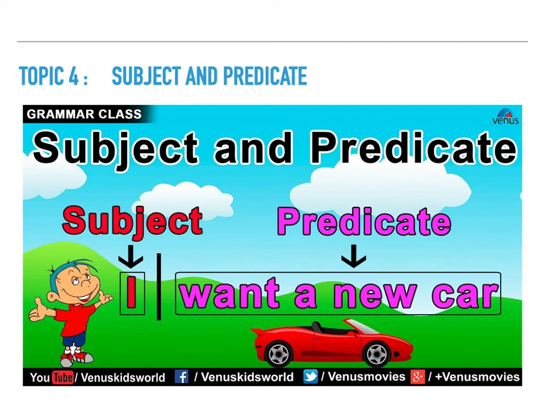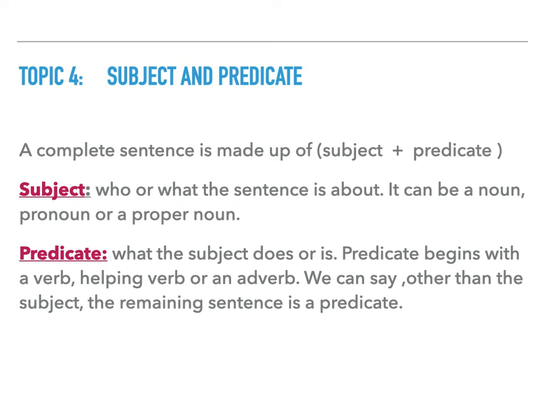You have separated the subject from the sentence. I is your subject, and the rest of the sentence is your predicate. And predicate mostly starts with a verb. Want is the verb here. It can also start with an adverb sometimes, or mostly a verb, then a helping verb or adverb.